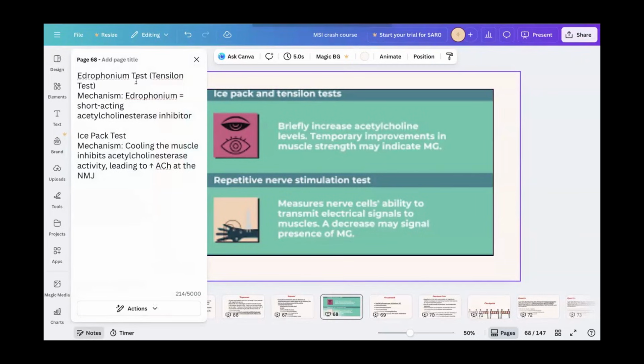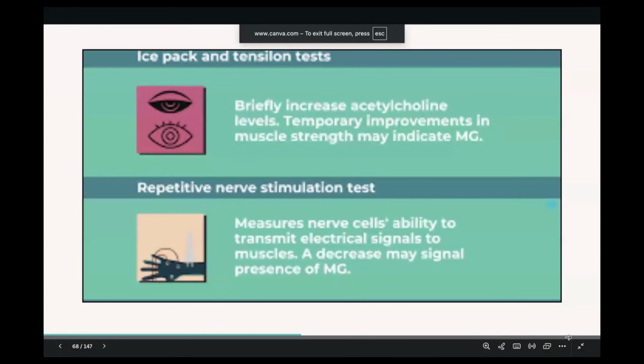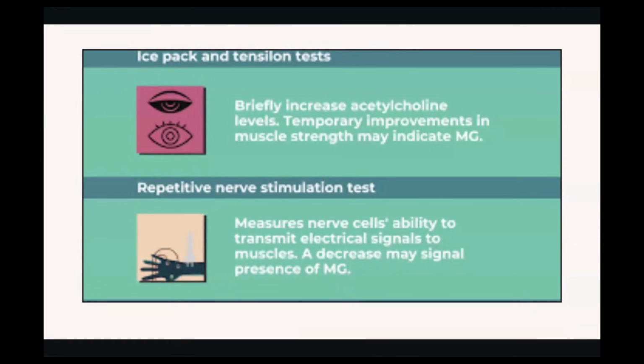Okay, so hydrophonium test or the insulin test, it is a short-acting acetylcholinesterase inhibitor. So the hydrophonium is going to inhibit acetylcholinesterase. So we're going to have increased acetylcholine at the motor end plate. So this is going to show improvement in the muscle strength. So if I did the hydrophonium test to the patient, I found that right away there is an increase in the muscle strength. This is positive for myasthenia gravis.